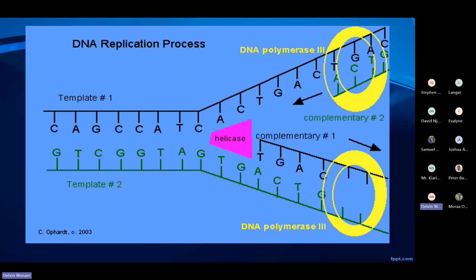Now, for it to replicate, this weak hydrogen bond will disintegrate. And once it disintegrates, it will enable the strand here to unzip.